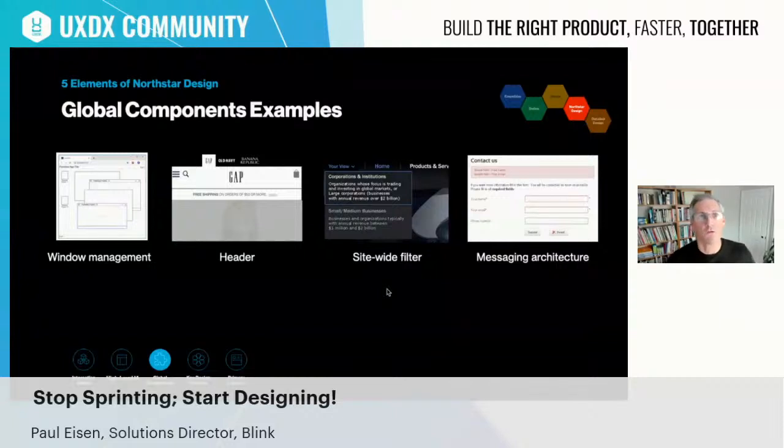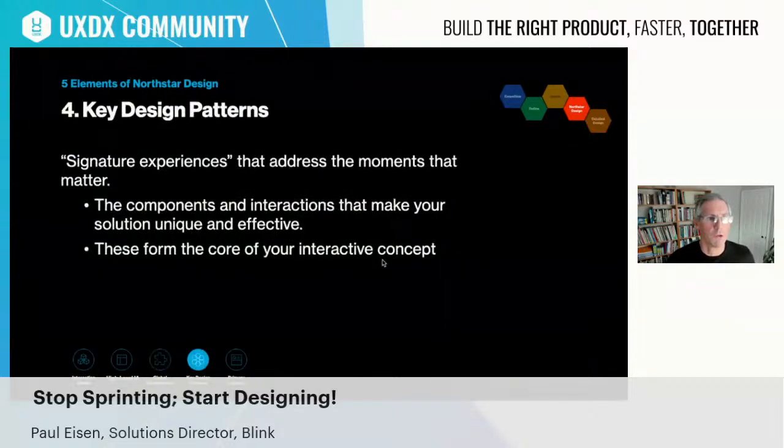In this particular case, for a website that was prominently informational, the user could self-identify and get a specific view and perspective on the content. And this is a utility that pervasively follows you around the site. Messaging architecture, I mentioned again, is one of those important components. These are just examples, of course. There may be others that are more suitable to your applications.